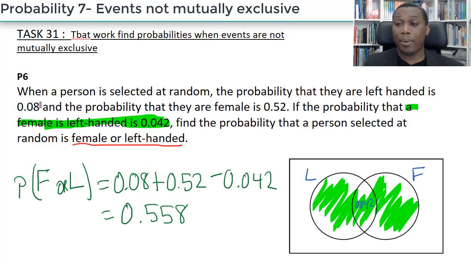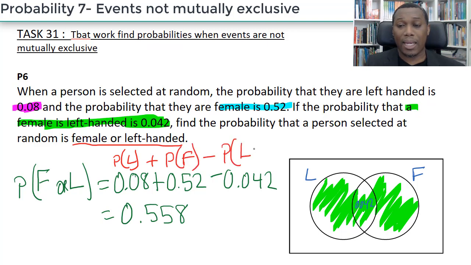You add the probability of being left-handed, 0.08. 0.08 would represent the entire circle, but that 0.042 bit has to be taken off. Then we add the total bit of people who are female, so we're adding the totals. Probability of being left-handed plus the probability of being female, take away the probability of being left-handed and female. That's the general form of the formula.